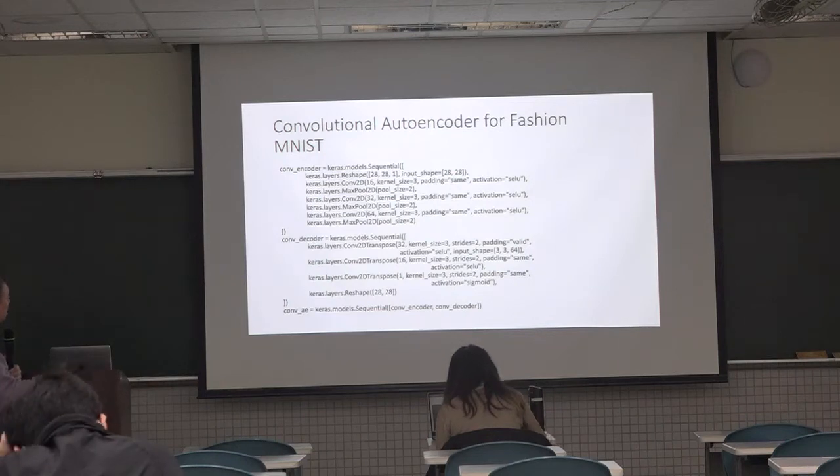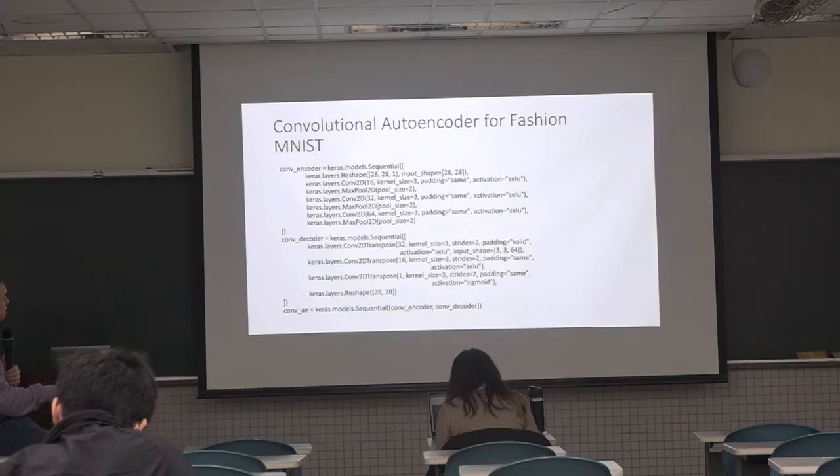Then we use Conv2D, creating 16 feature maps on top of this input, with kernel size 3 by 3, padding the same, and ReLU activation.